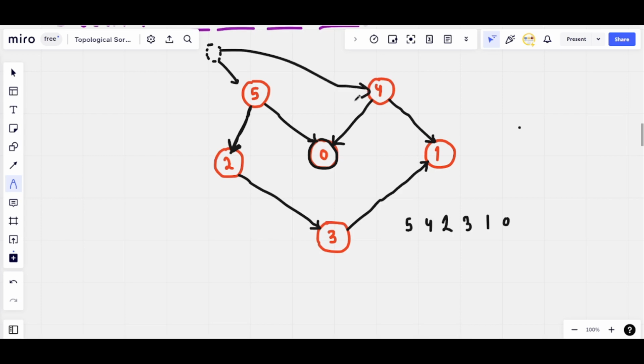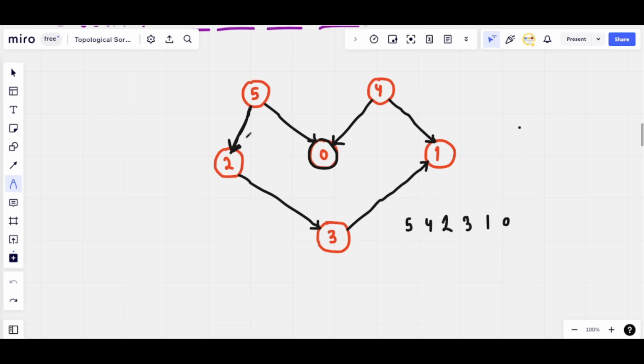There is no parent node of node number 5 and node number 4. Hence they are the beginning nodes. We can either begin from 4 or from 5. So any ordering like 4 5 2 3 1 0 is also valid.